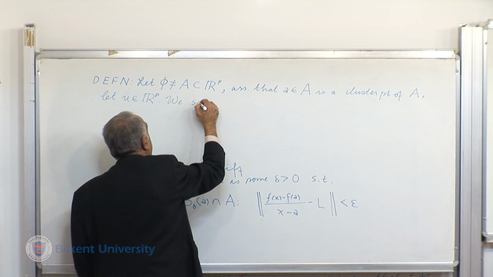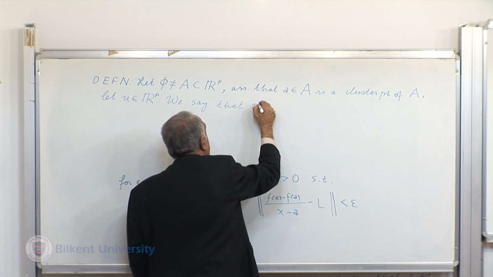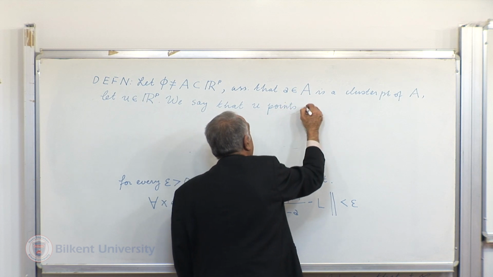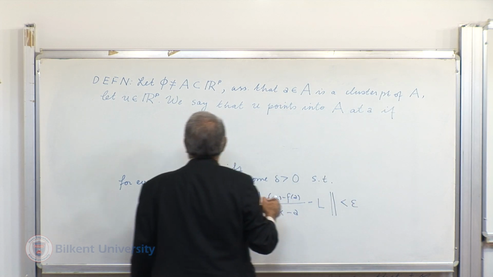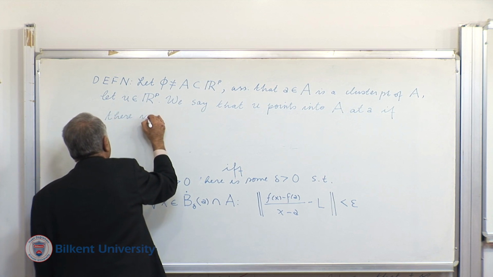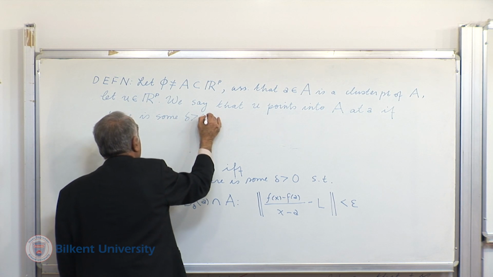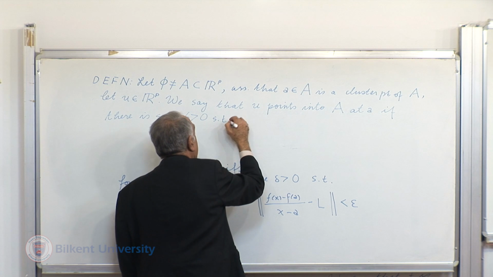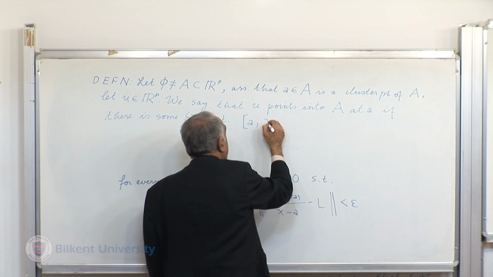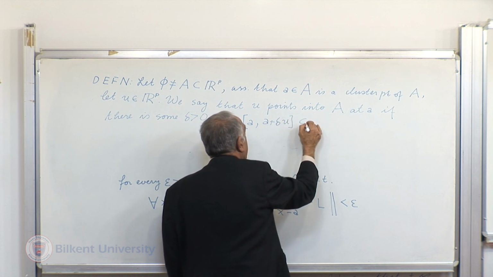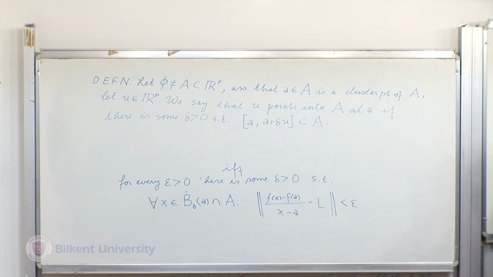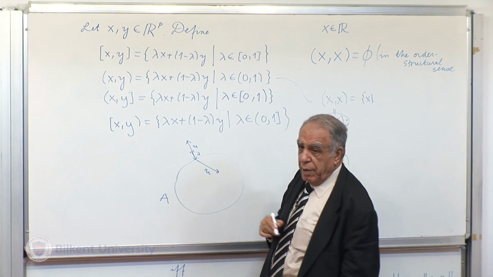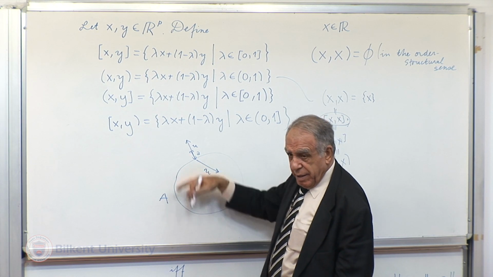Now we say that U points into A at a if there is some positive real number delta such that the line segment from a to a plus delta U entirely stays within A. Here, no matter how small I choose delta, a and a plus delta U will be of this form, but that will not be entirely within the set.